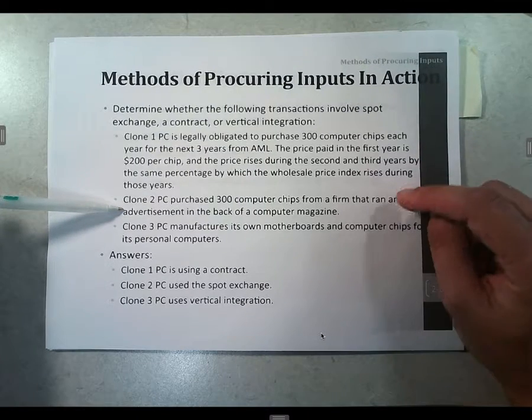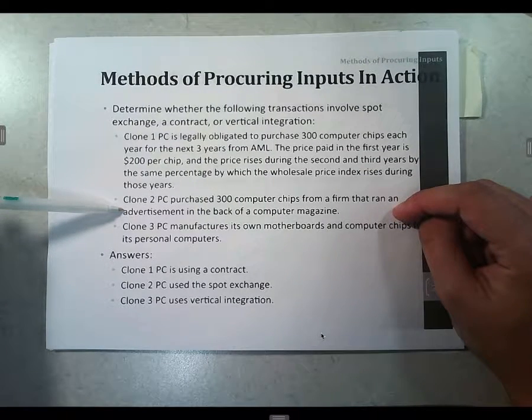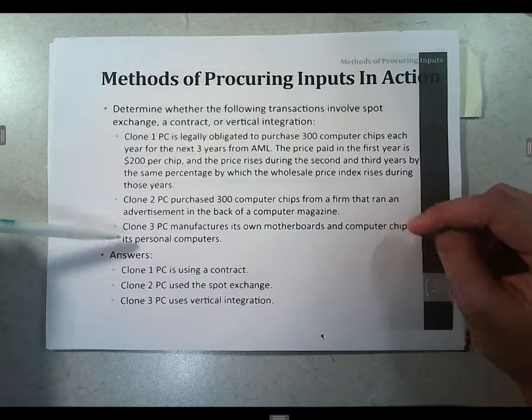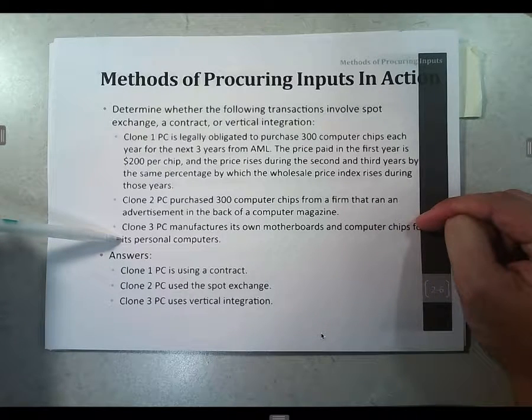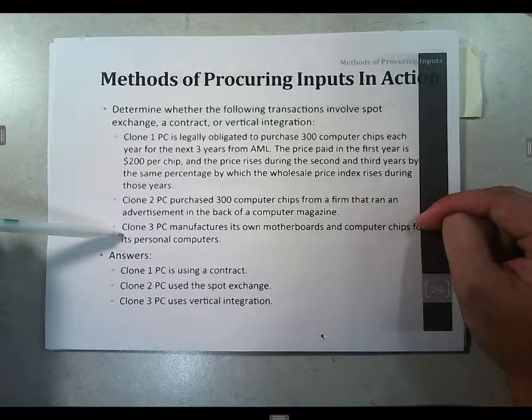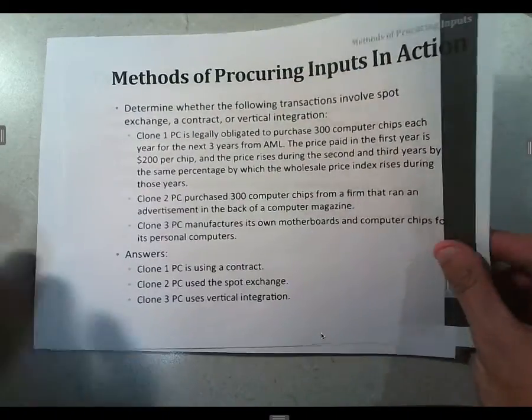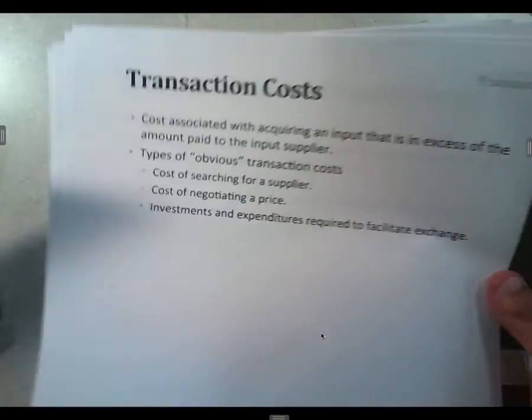This is our spot market. Someone wants to buy some computer chips. They saw someone that's selling them. And then this would be my vertical integration. The company that makes the computers also makes the other thing. Shows you how much I know about computers. I call it the other thing.